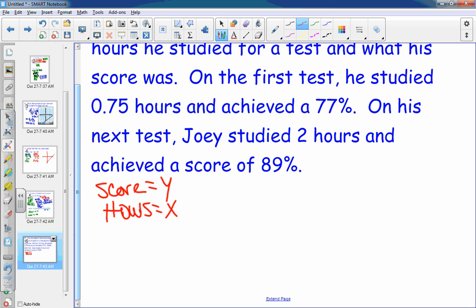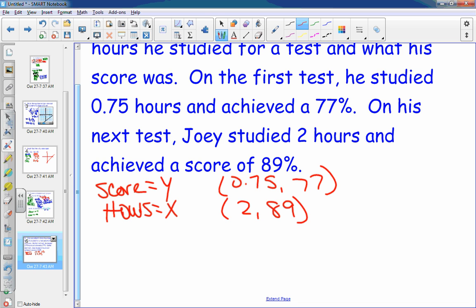So what's my first ordered pair? 0.75, 77%, and then what's my second one? No, because percentage is our score, so you don't have to convert your percentage into a decimal. You can leave it as its score.